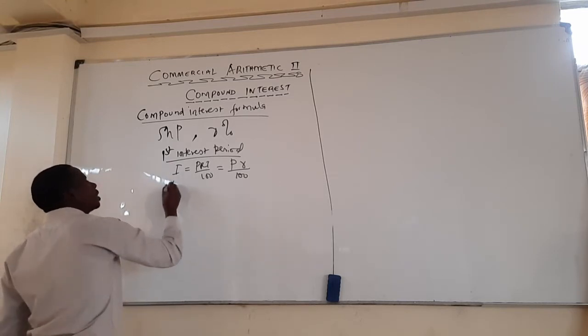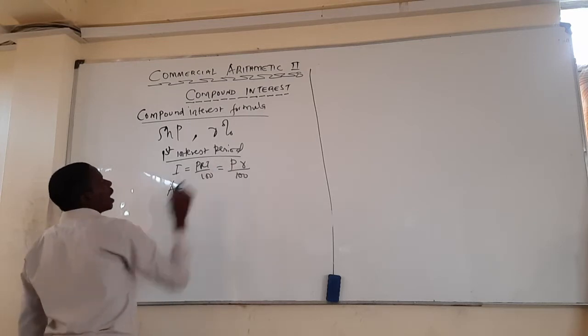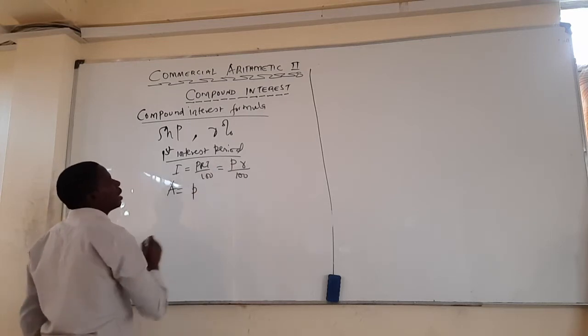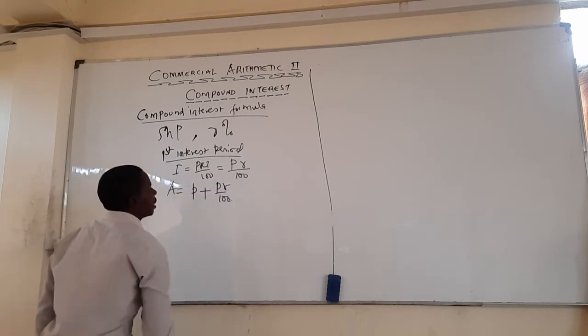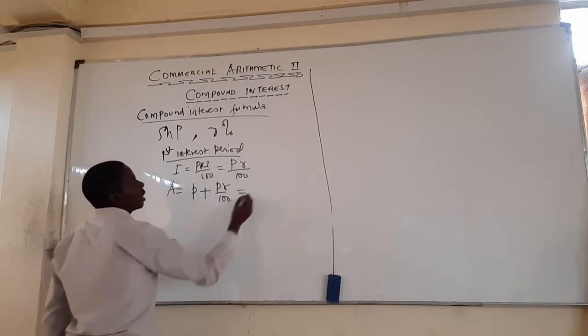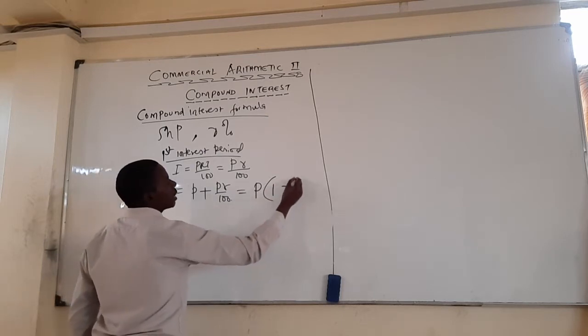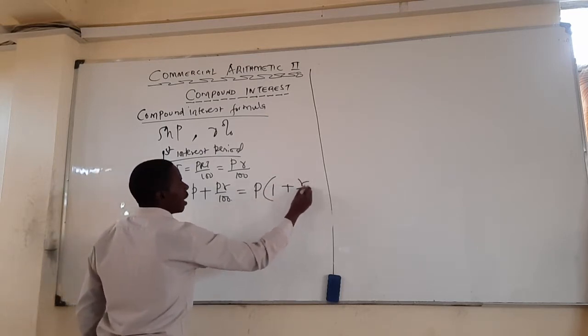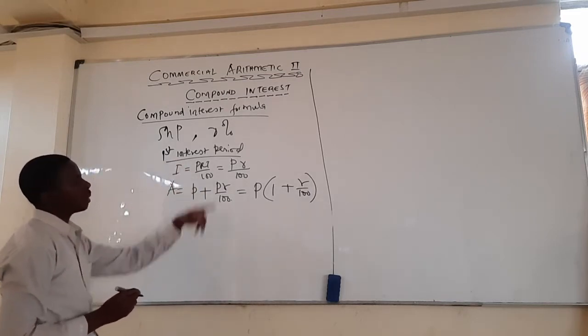Then the amount after the first period will be the principal that we had, plus the interest, PR over 100. And in this case, we can factor out P. We'll be left with P times 1 plus R over 100. So that is the amount after the first interest period.